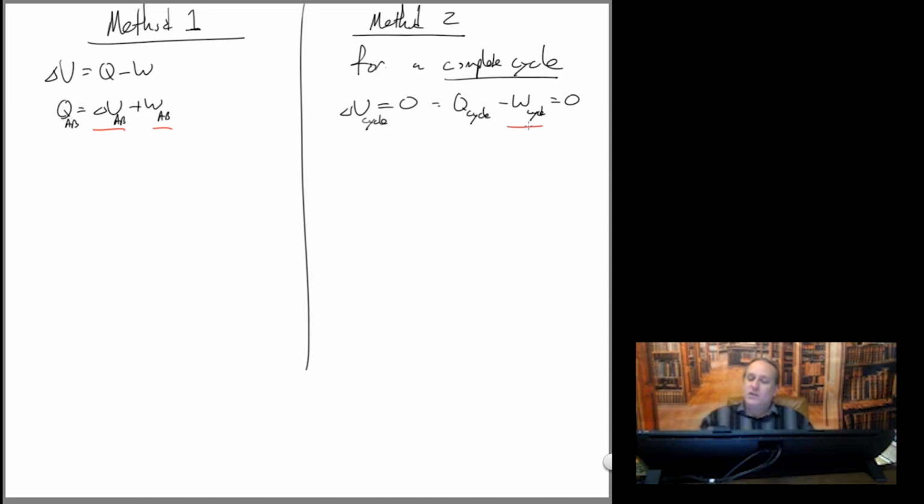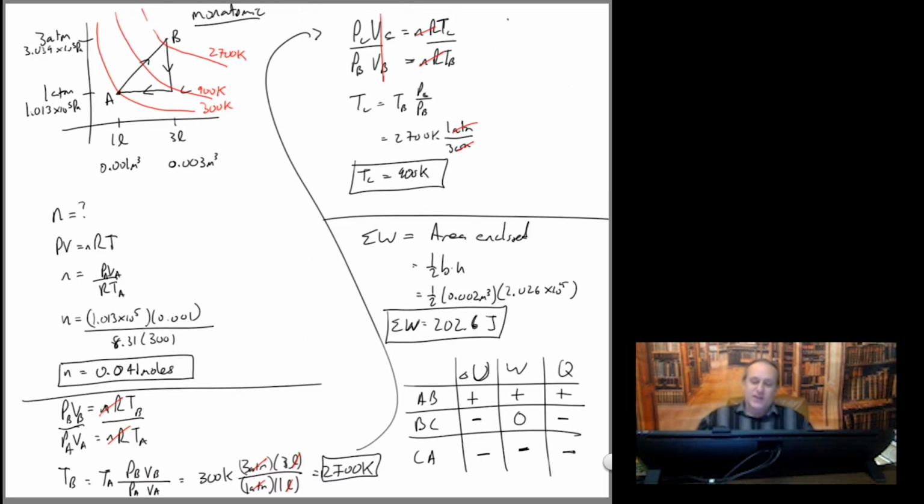And we already know the W for the cycle. So we could say that Q for the cycle equals W, which is my net work. And that would be QAB plus QBC plus QCA. And as I said, we know the net work, and we can find QBC and QCA because they are isovolumetric and isobaric.